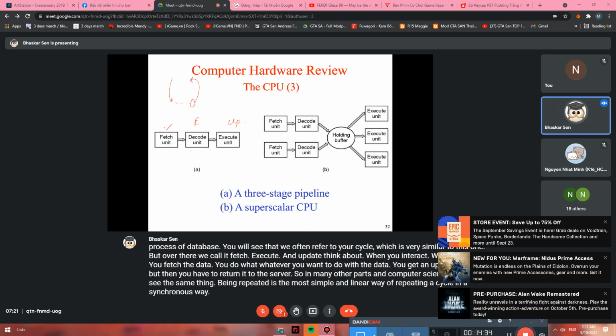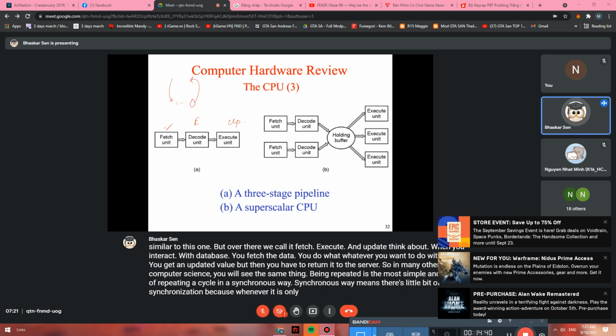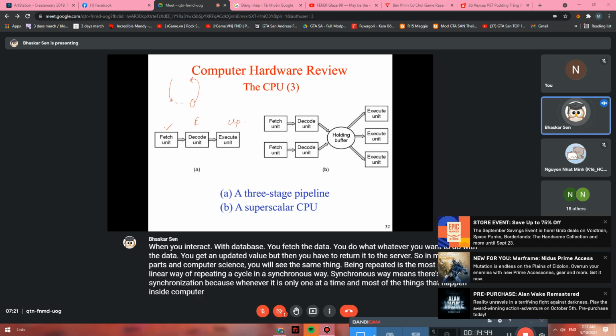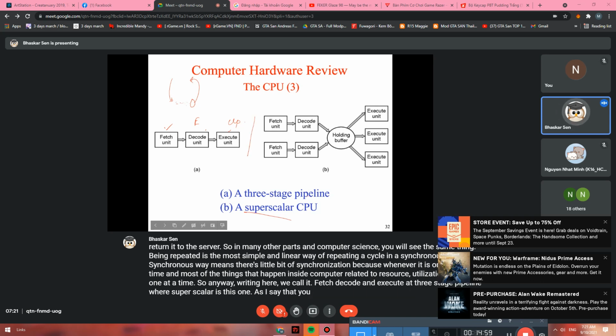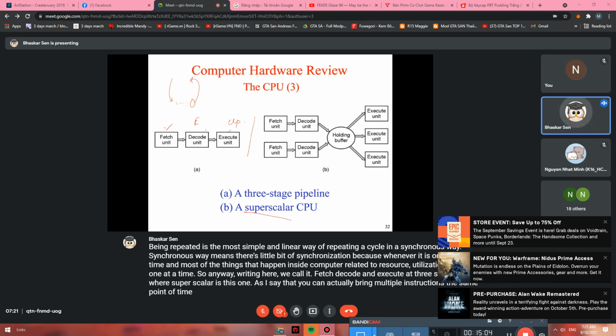Synchronous means there's a little bit of synchronization, because it is only one at a time, and most of the things that happen inside a computer related to resource utilization are always one at a time. So anyway, here we call it fetch, decode, and execute, a three-stage pipeline, whereas superscalar is the other one, as I said, where you can bring multiple instructions at the same point of time and decode them as well.